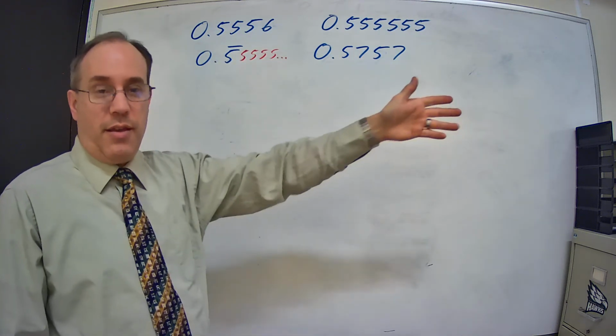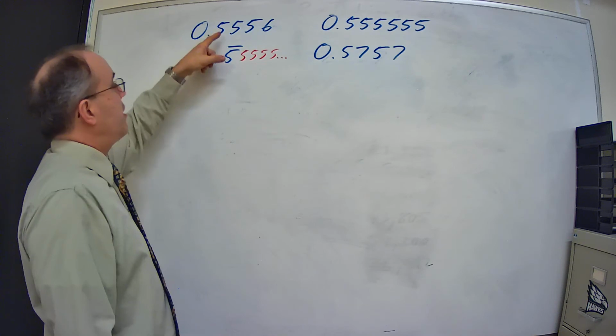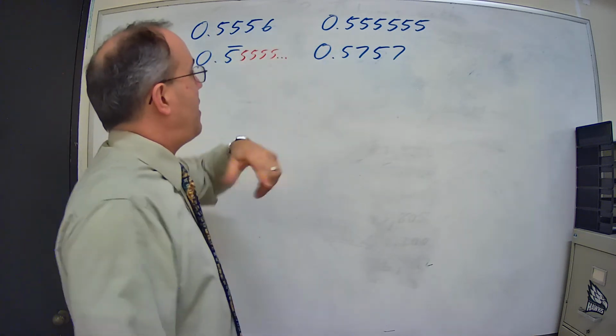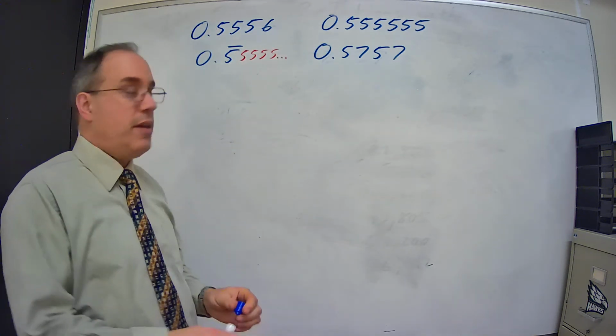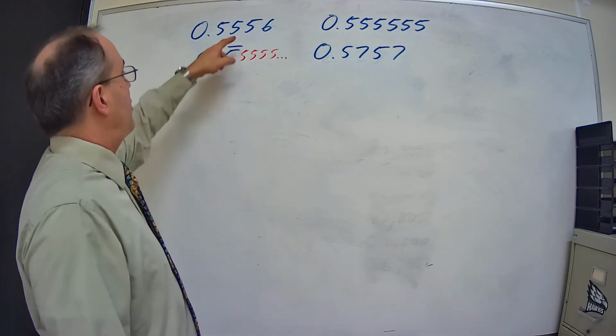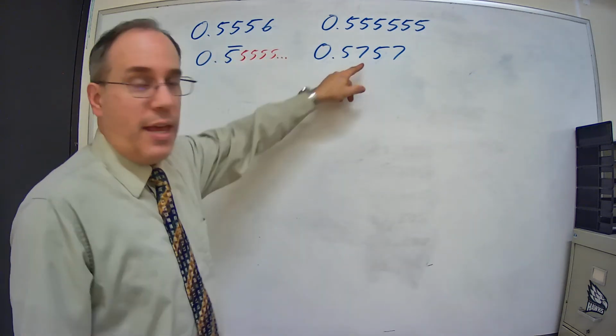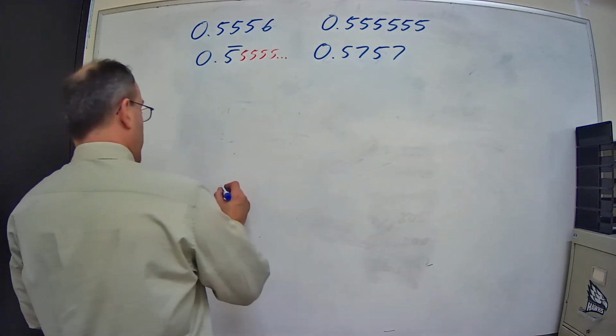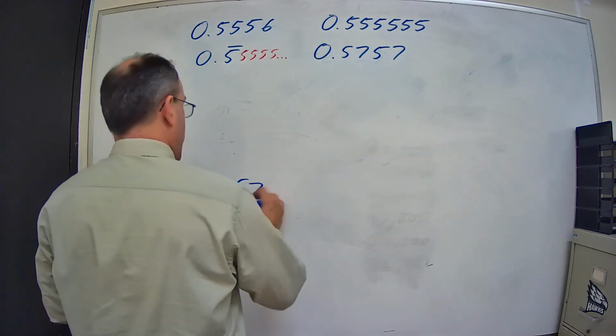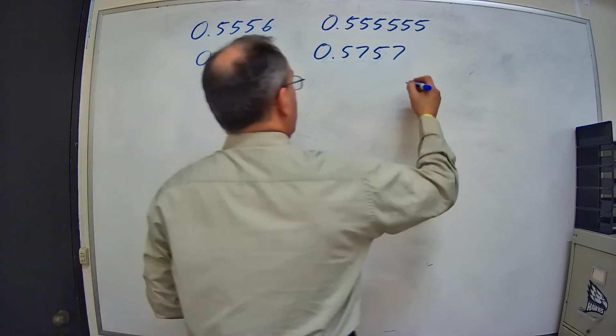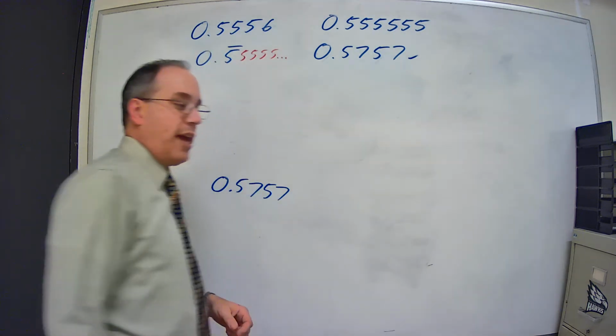It's actually 0.5555555 repeating. So we get to the first one here, we have 5, 5, 5, 5, they're all the same. We get to the second digit and we have 5, 5, 5, 7. Okay, so we've got our largest one here, 0.5757. So I'm just going to check that off as we got that one, we used it.